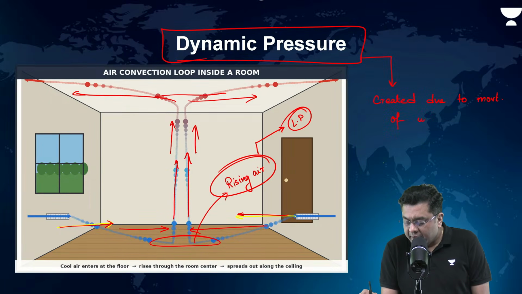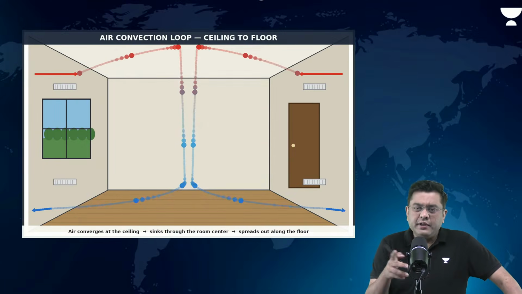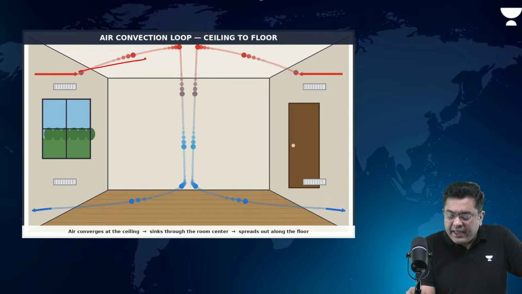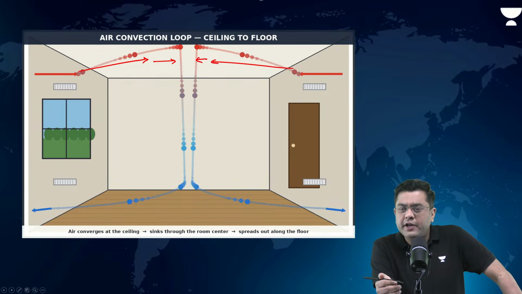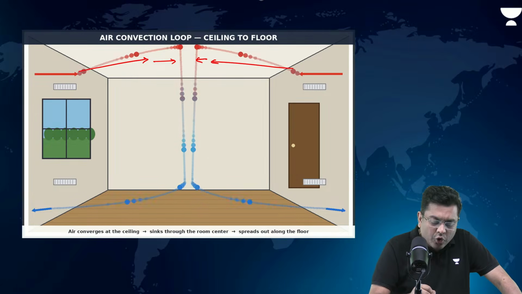Now, let's suppose we consider another condition. That is the inverse of it. Let's suppose from the ceiling, I have the air which is converging, colliding. Where will it go? It cannot break the ceiling and rise up. It will collide. It will start to sink.